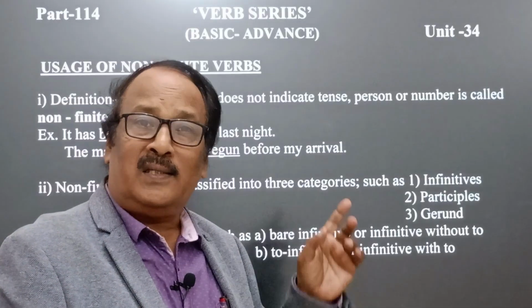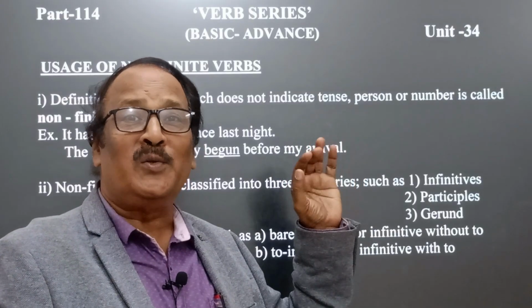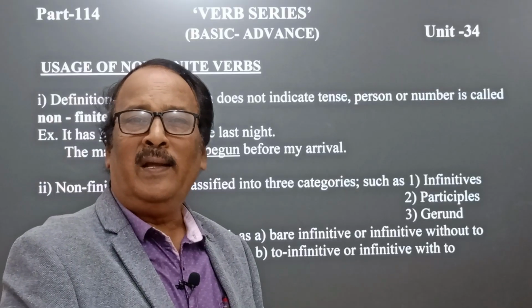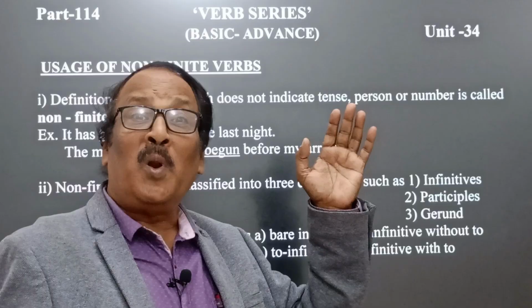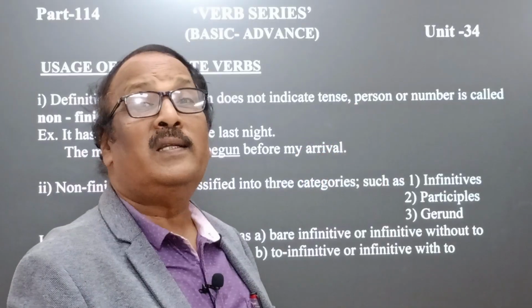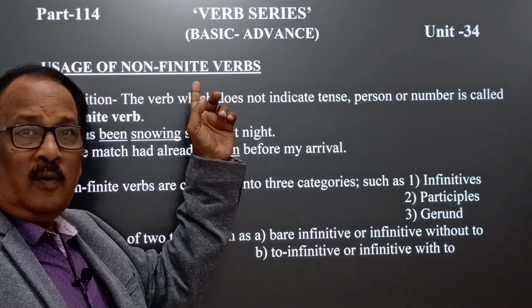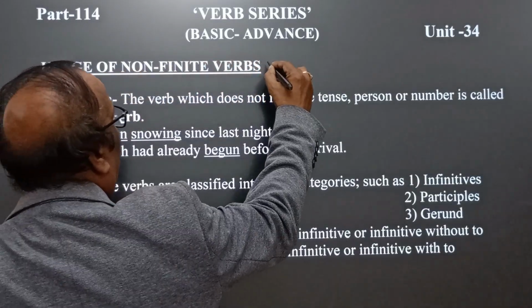This unit is based on the significance of non-finite verbs. This segment is very interesting and important from the point of view of our spoken and written English. Let's see how we use non-finite verbs. The topic of our discussion is usage of non-finite verbs.